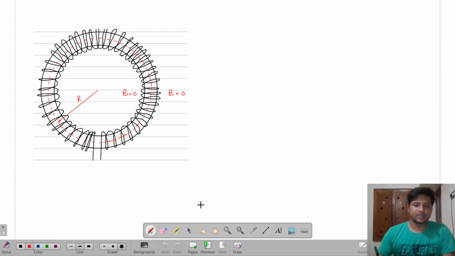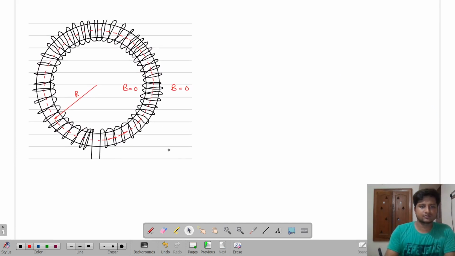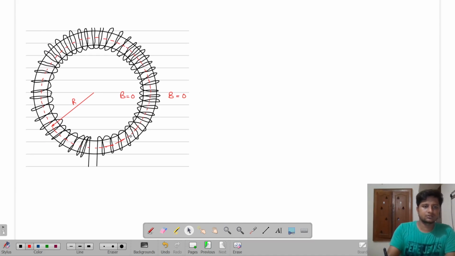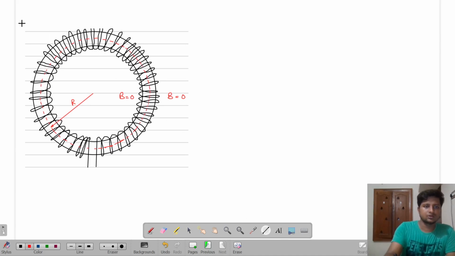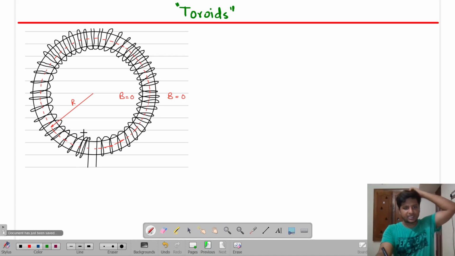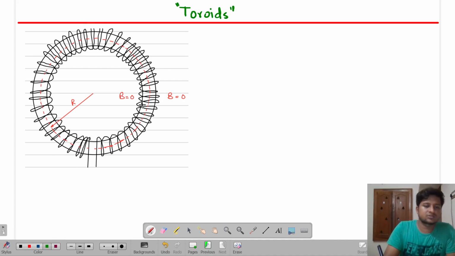The next kind of winding material is our toroids. Yeah. So remember that when I consider an example of a toroid, the winding is like circular turns on a particular kind of thick material.